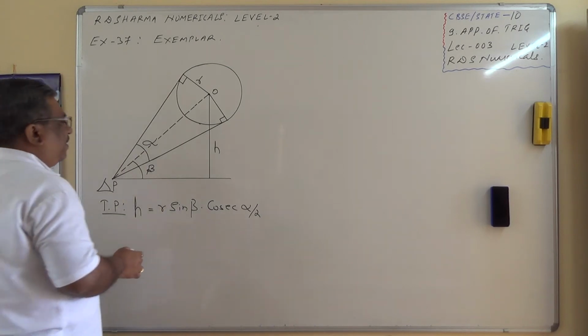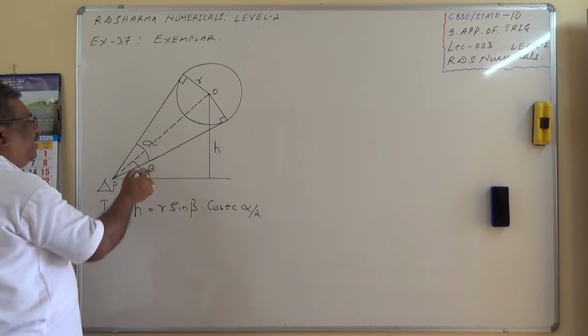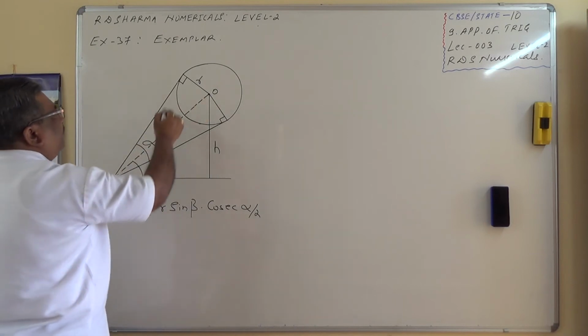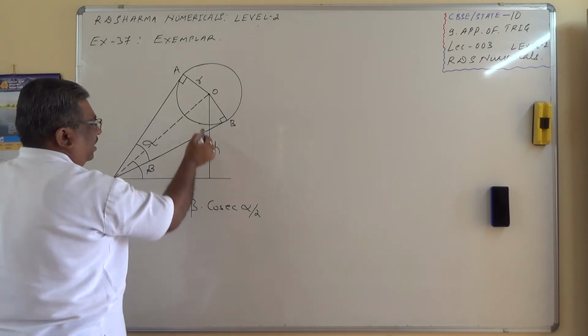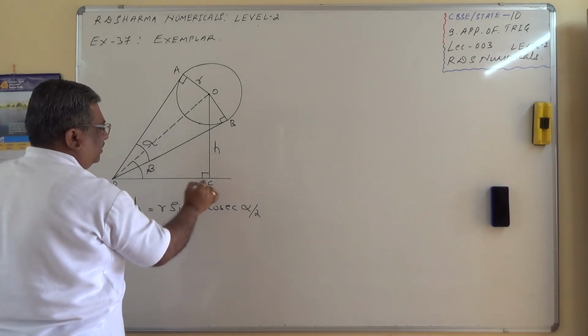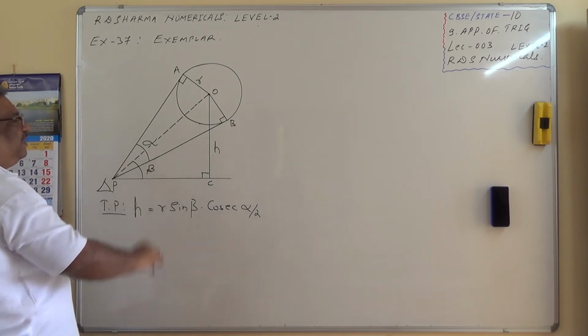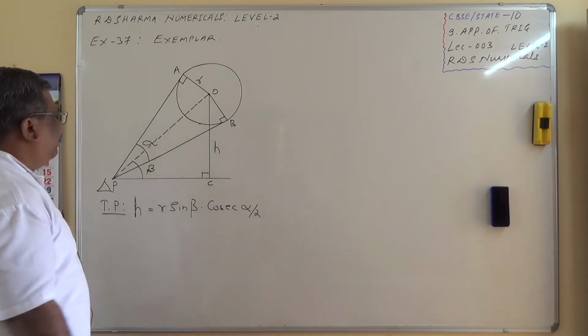Simple, not much of a problem. Let me identify this as P. This is A, B, and this is also a right angle, C. ABC. Okay, I hope you have understood the diagram here.